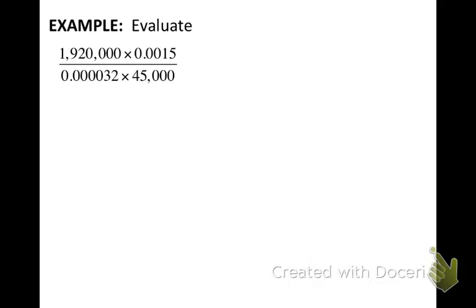So we have 1,920,000 times 0.0015 being divided by 0.000032 times 45,000. So the easiest way to do this, without a lot of thought process, is to convert all of those numbers into scientific notation.